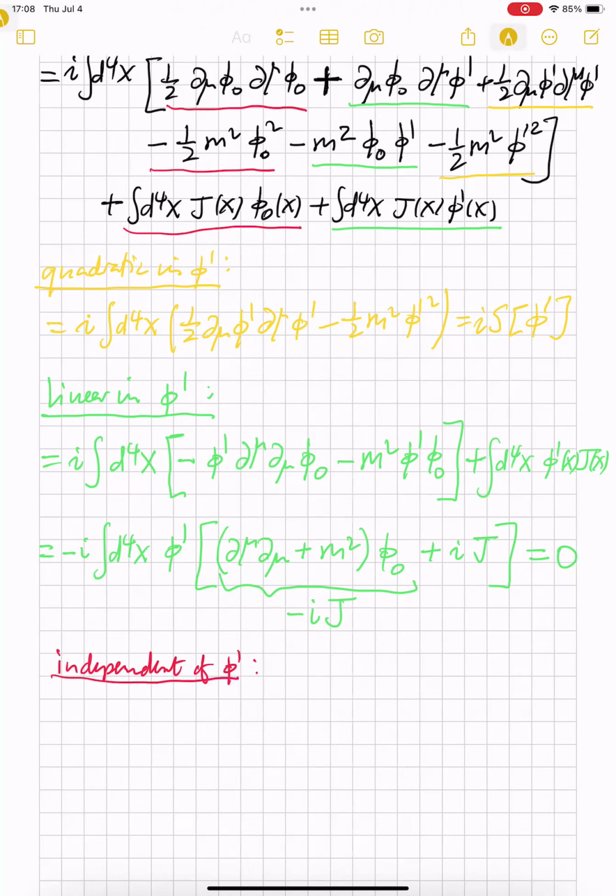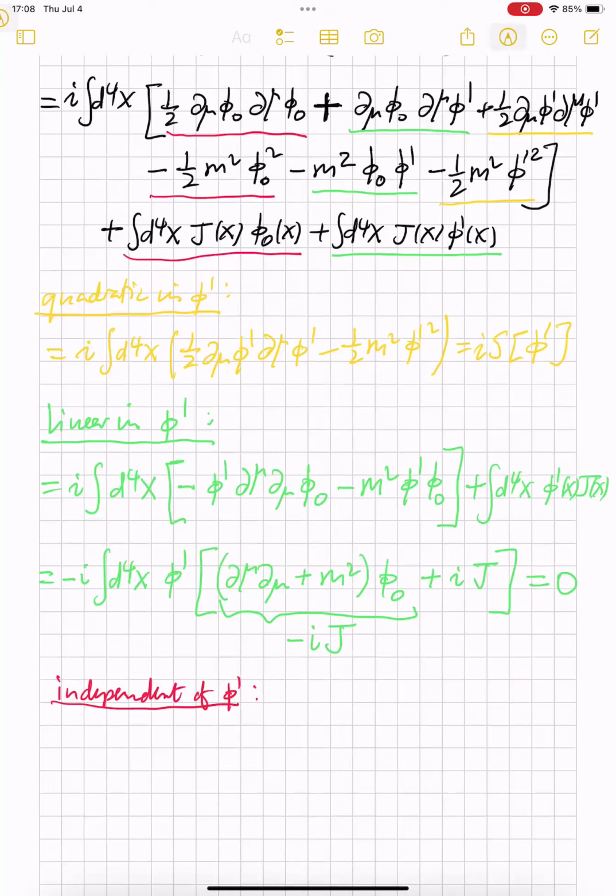So what do we have? Well, we'll have an i integral d4x. And for this first term, I'm again gonna use my identity to swap the position of the derivative. So we'll have 1/2 phi naught d mu phi naught.